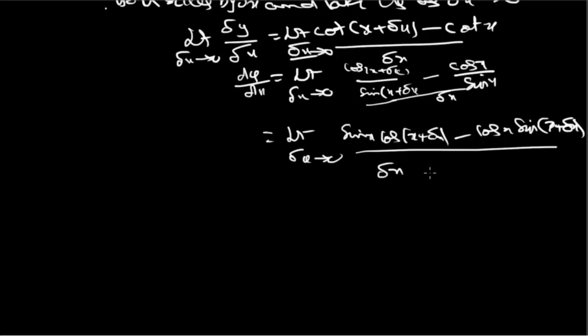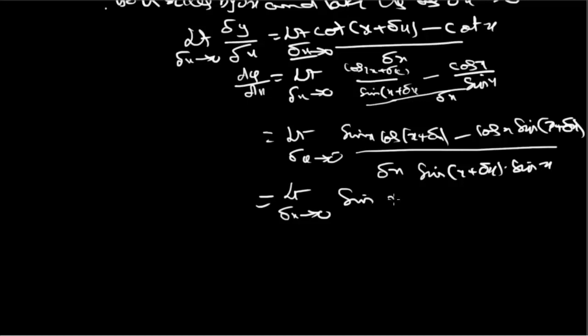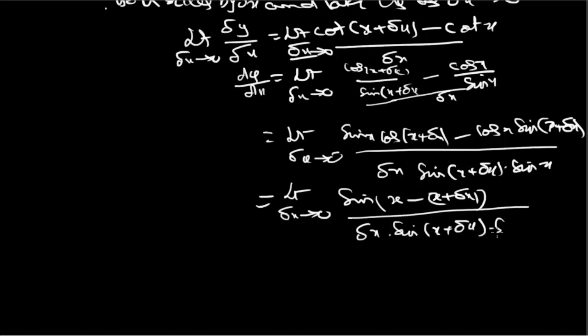The denominator is delta x into sin of x plus delta x into sin x. Numerator becomes sin a cos b minus cos a sin b, a being x and b being x plus delta x. So limit delta x tending to 0, sin of a minus b, that is x minus x plus delta x, by delta x into sin of x plus delta x into sin x.